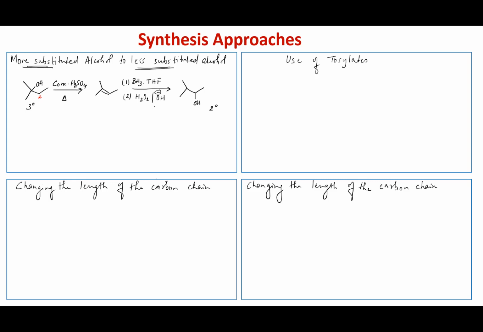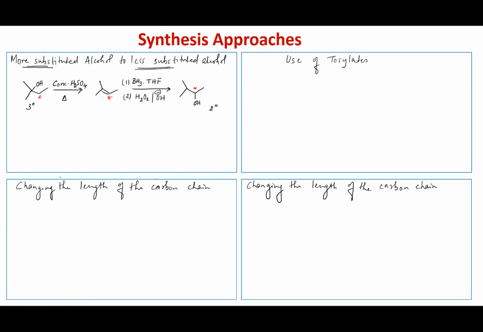You do the hydroboration and the oxidation, and I will get the hydroxyl group on the less substituted carbon of the alkene. And again, the key was to involve that secondary carbon, where I wanted to install the hydroxyl group, in a double bond, an alkene, so that then I could do the hydroboration oxidation and put the hydroxyl group over there.